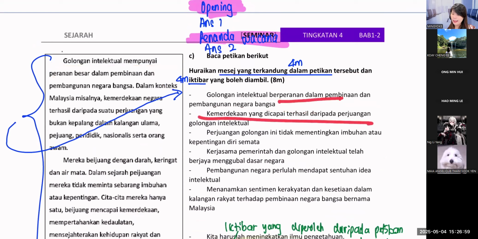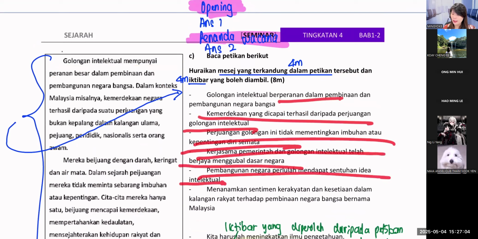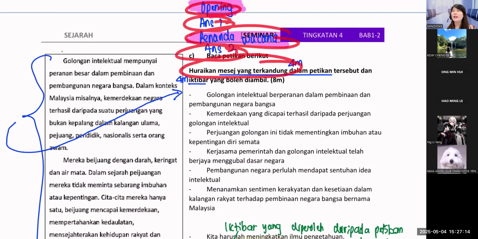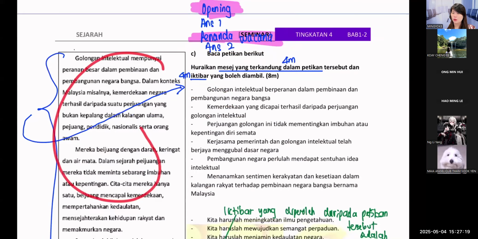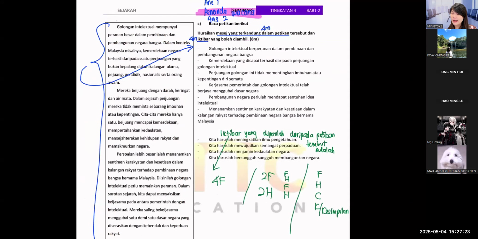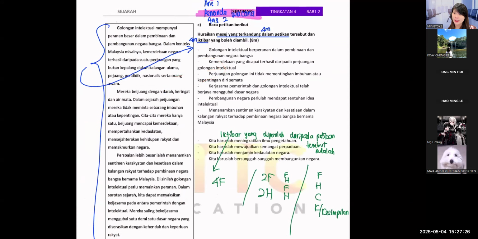Selain itu, kemerdekaan, selain itu, akhirnya, full stop. So you must have opening answer 1, penanda wacana answer 2, penanda wacana answer 3, penanda wacana answer 4. You copy, guys, look. Copy your points, split out with penanda wacana into your answer sheet. You will get minimum 4 marks in full. Over 8 marks lah, essay.